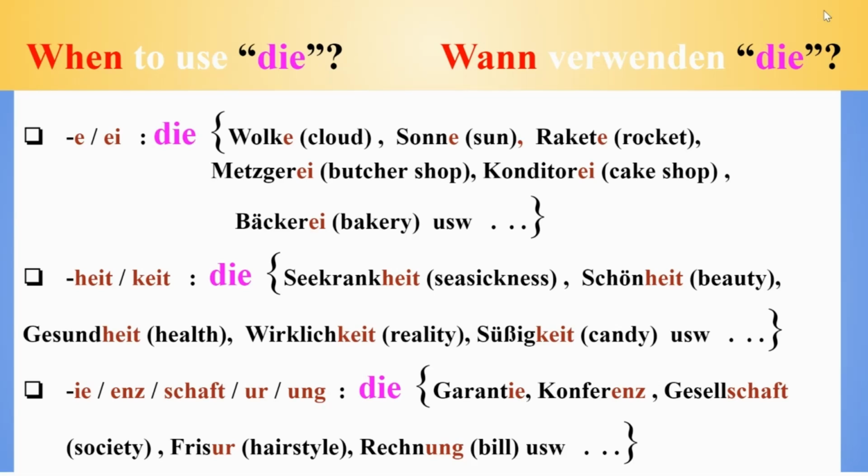Ending with heit or keit, die Seekrankheit, die Schönheit, die Gesundheit, die Wirklichkeit, die Süßigkeit und so weiter. Ending with ie, enz, schaft, ur and ung. Die Garantie, die Konferenz, die Gesellschaft, die Frisur, die Rechnung und so weiter.